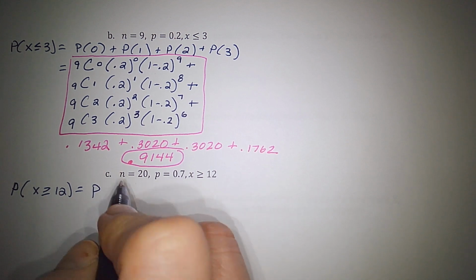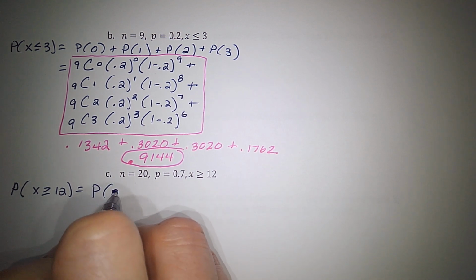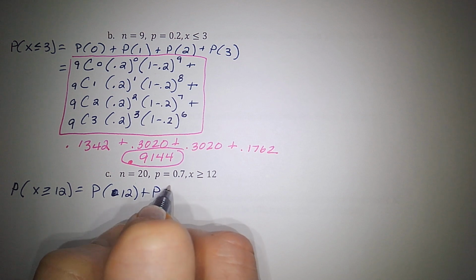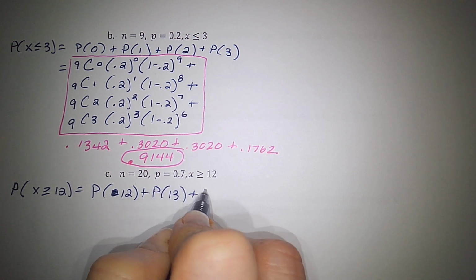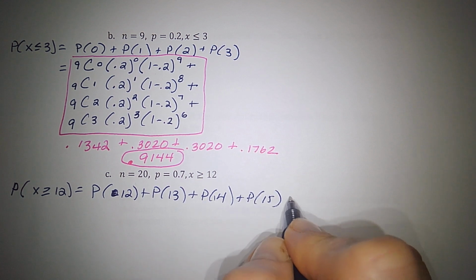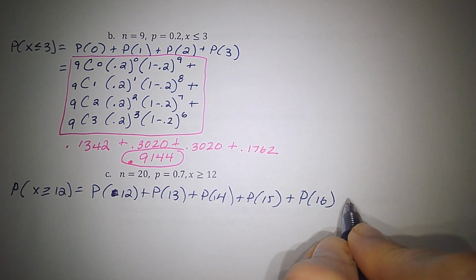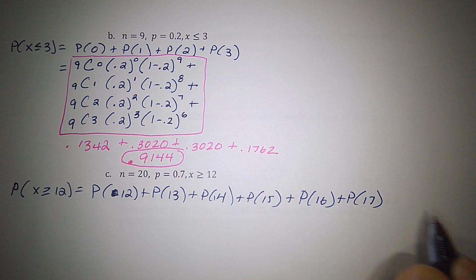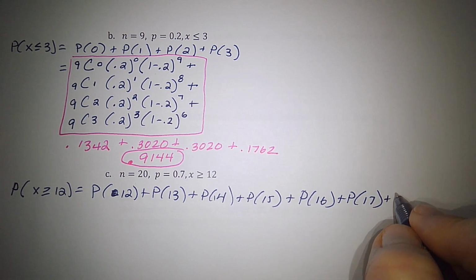So we have to find the probability of 12 plus the probability of 13, 14, 15, and so on, all the way up to 20.